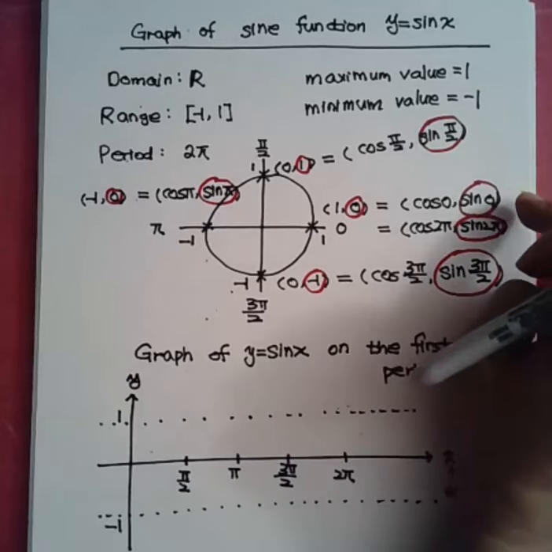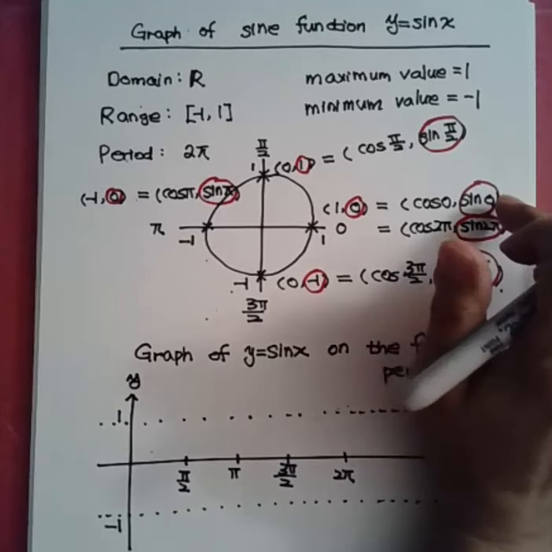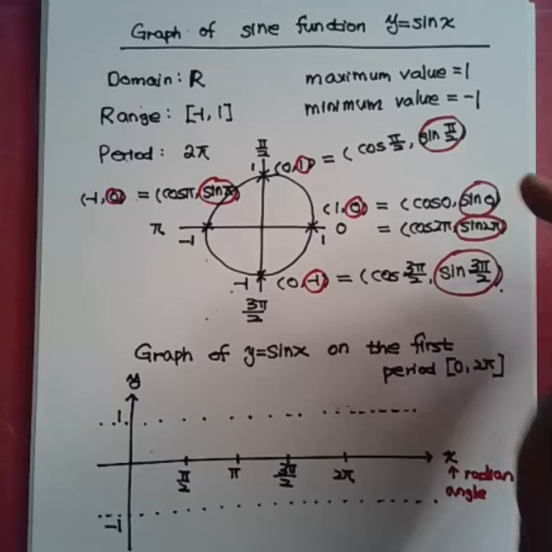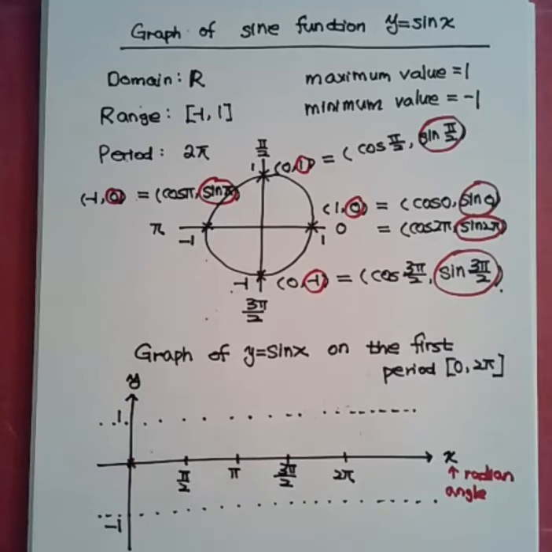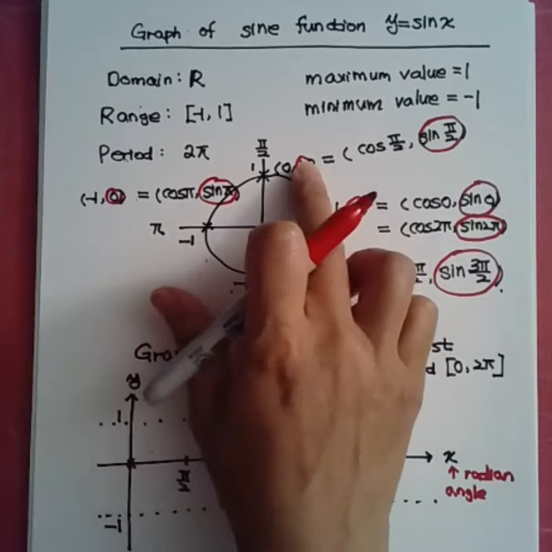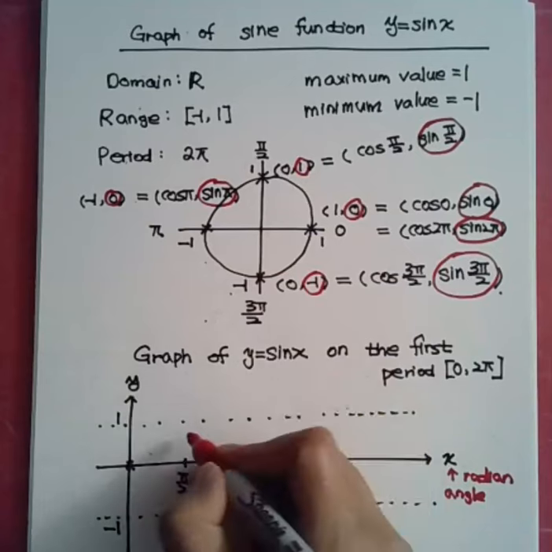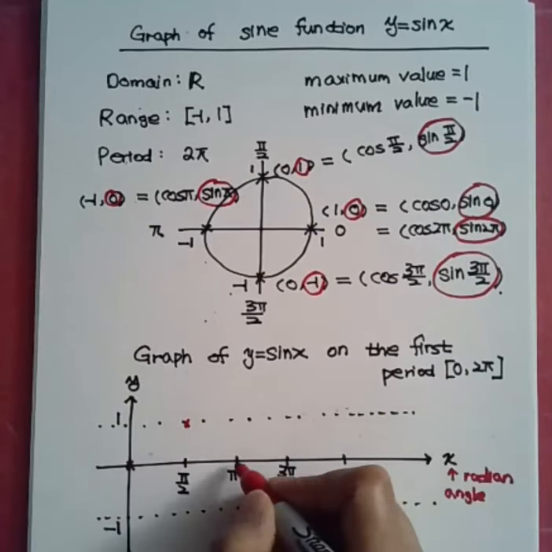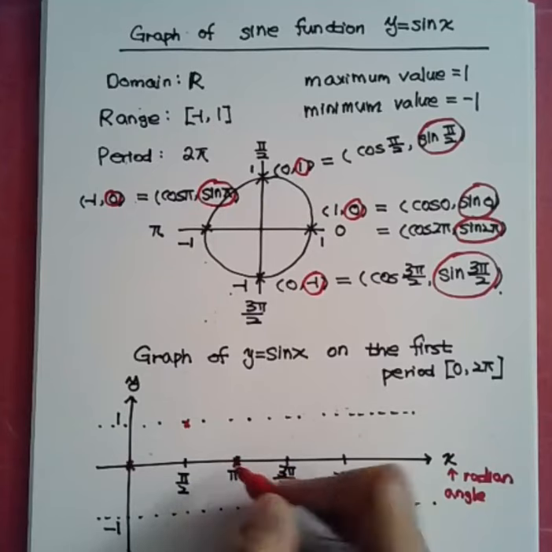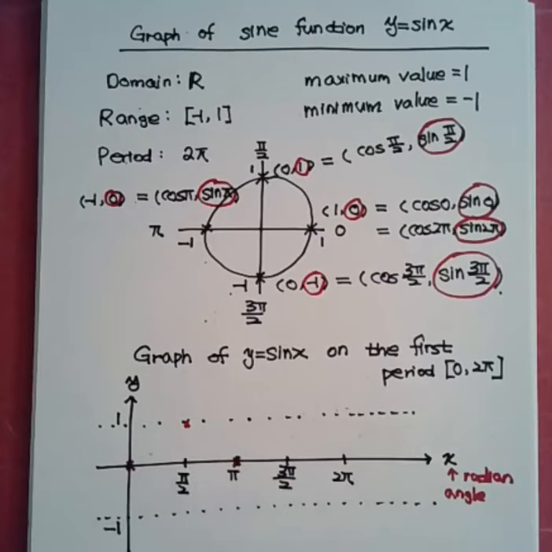When the angle is 0, the sine value was 0. And when the angle is pi over 2, the sine value was 1. And when the angle is pi, the y value was 0. When the angle is 3 pi over 2, that was -1.